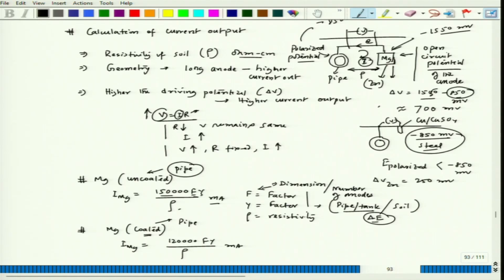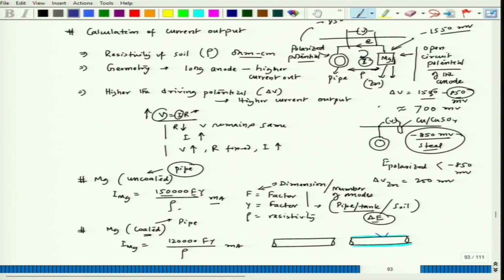Now, in case of a coated pipe, we do not require that much current output. Let us say this is a bare one and another one is coated. If it is coated, and by chance there is some sort of break in the coating, let us say this part has a break.